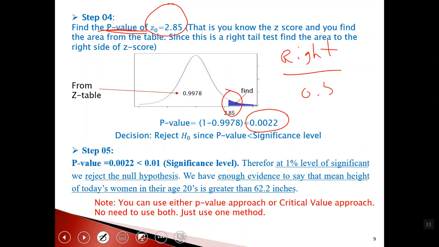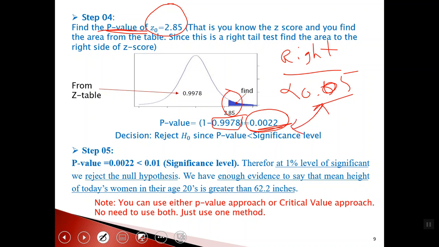So what is your alpha? Sorry, you have to compare your alpha with this value. Hold on, why is this p-value 1 minus? Because this is a right tail test, you have to get 1 minus your table value. Please check chapter 9.3. So compare these two values.